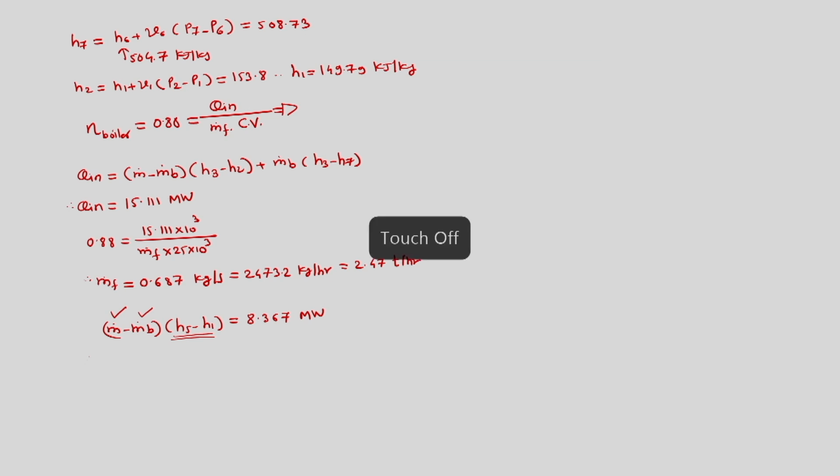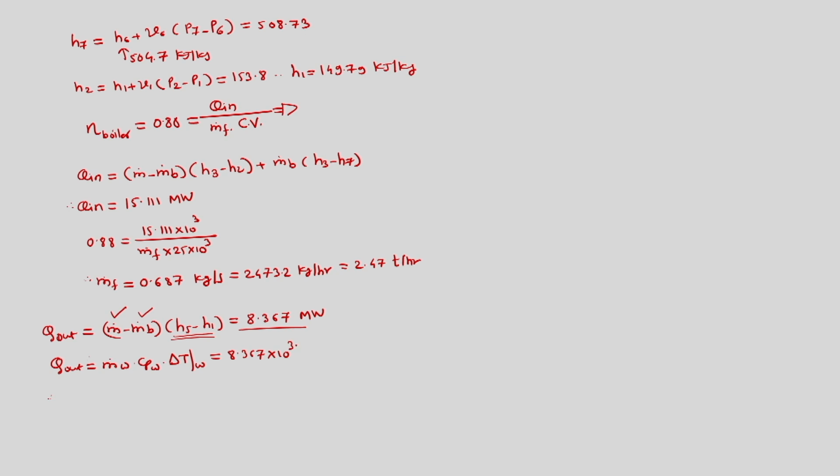So knowing this, we just found out the Q out. Q out for us is equal to mass flow rate of water into Cp of water into delta T of water. So this is equal to 8.367 into 10 to the power 3 kilowatt.